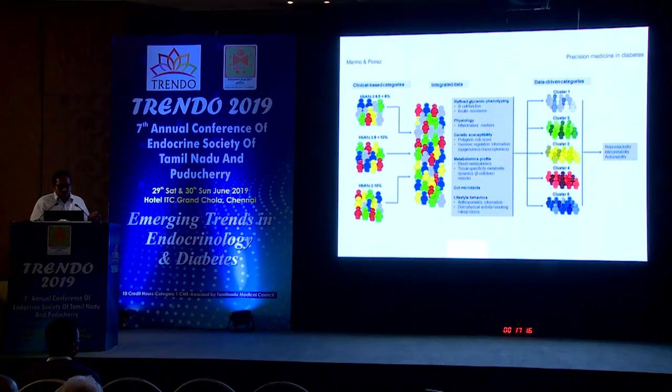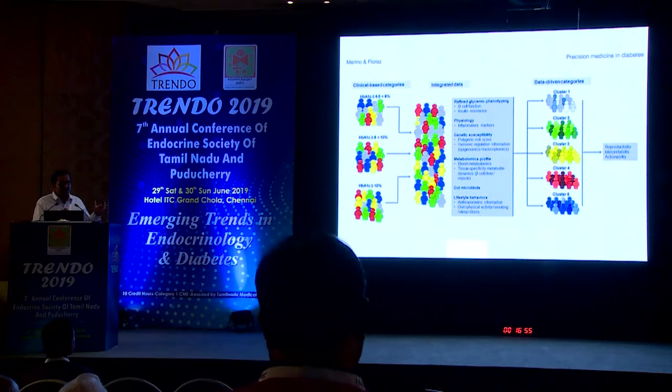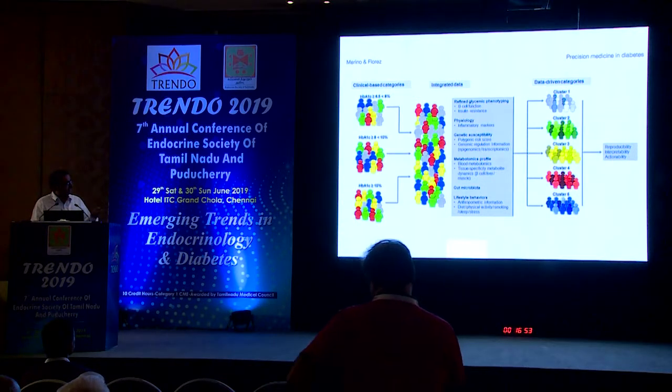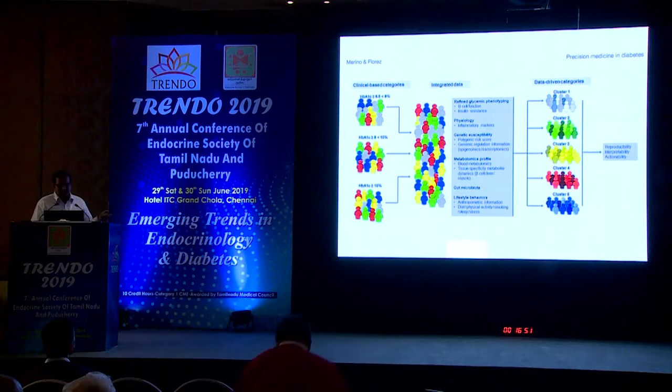To give you the idea or the logic of what this talk is trying to take you to, is to look at clinical based categories, then look at the biochemical and the clinical and the genetic markers that we possibly have. Some of them we may not have all the markers at our disposal every day in clinical practice, but the idea is to combine these two so that you can develop clusters of patients.